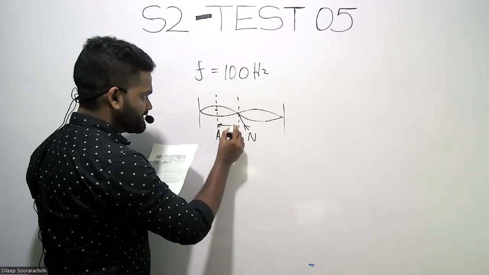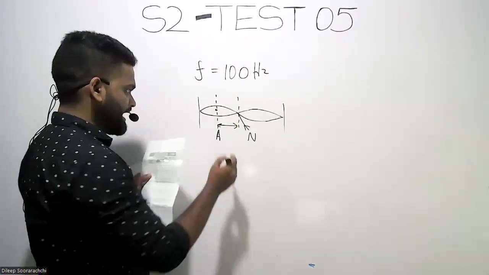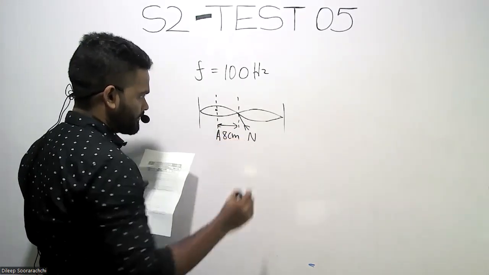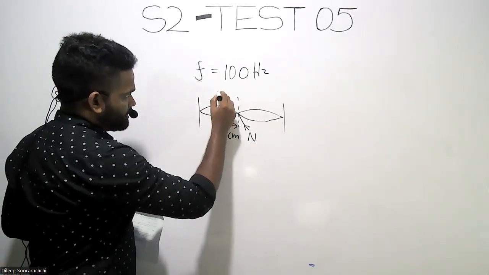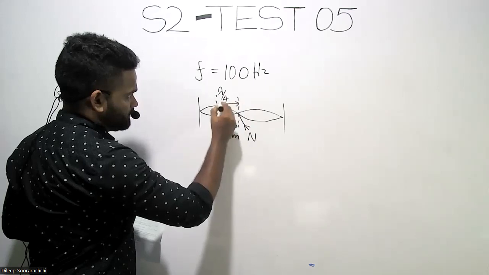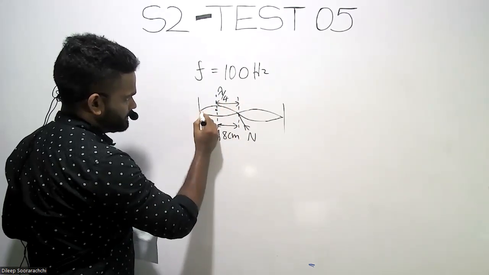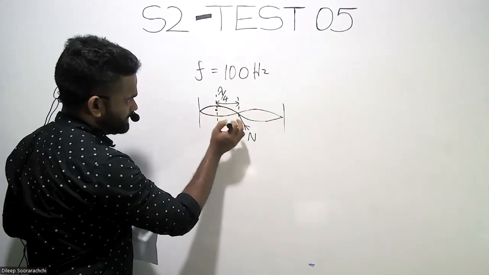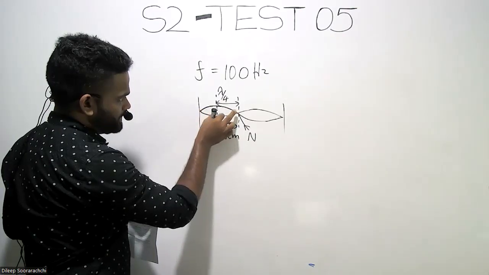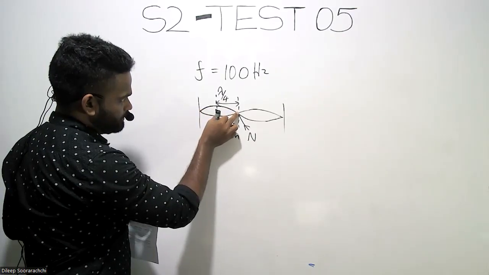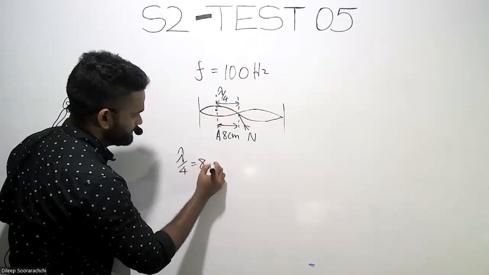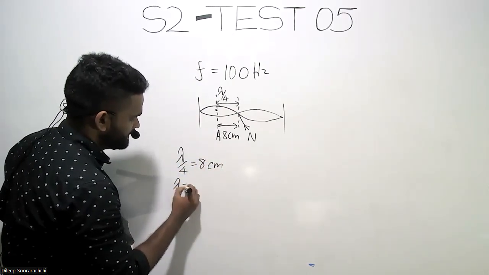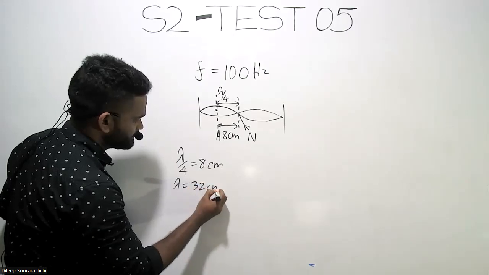They have given this distance as 8 centimeters. So we know that from here to here, it is lambda over 2. Half of it is lambda over 4. So we know that lambda over 4 is equal to 8 centimeters. So lambda is equal to 32 centimeters.